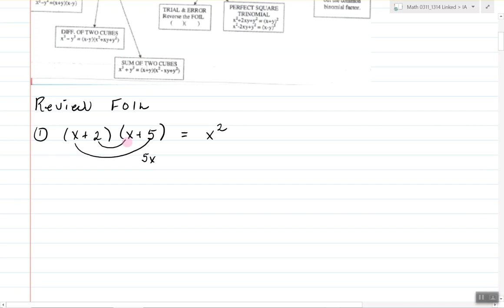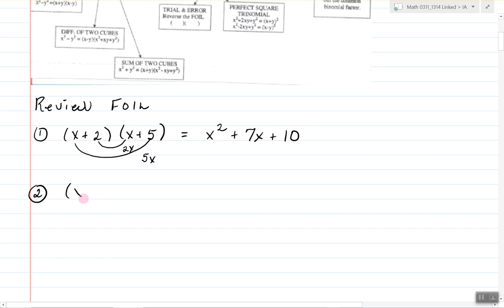The inner product is 2x. The sum of those is 7x. The product of the last is 10. When I multiply a binomial times a binomial, and there are pluses in both factors, I get pluses in the product. Let's look at our second example.